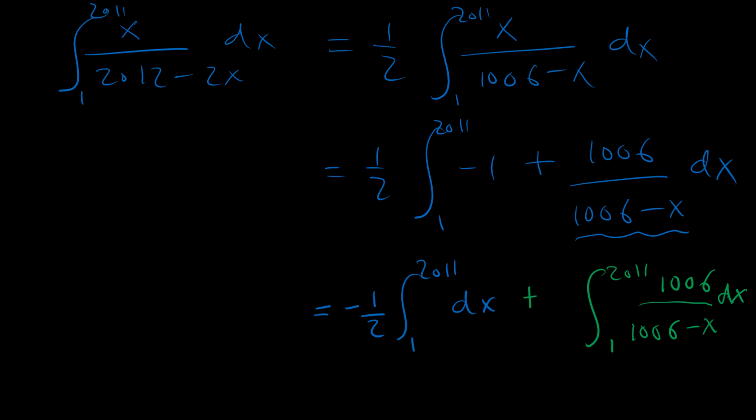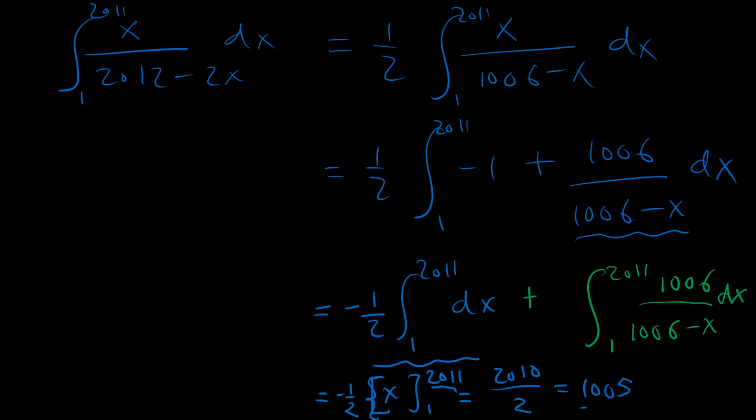So the blue integral for now, this is equal to, so let's just say x from 1 to 2011, which is 2010 over 2, because this minus this, which is equal to 1005.